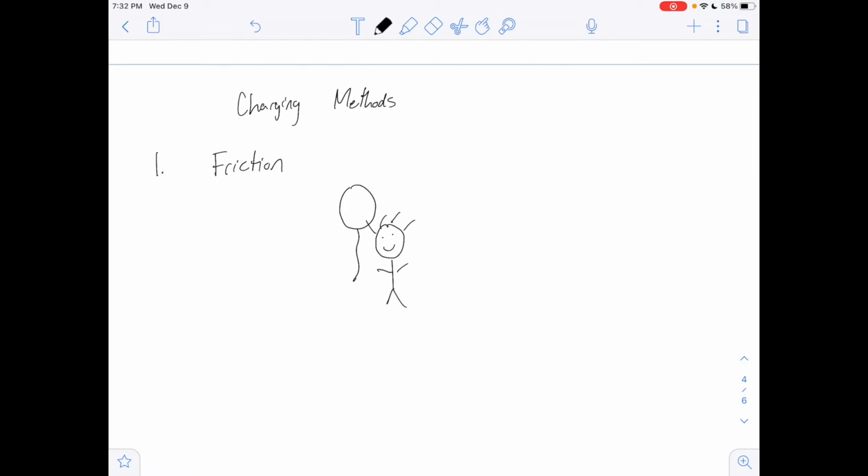And basically what is happening here is your hair is giving electrons to the balloon, or the balloon is taking electrons away from your hair. And what happens then is your hair now has a positive charge and the balloon now has a negative charge, and opposite charges attract.